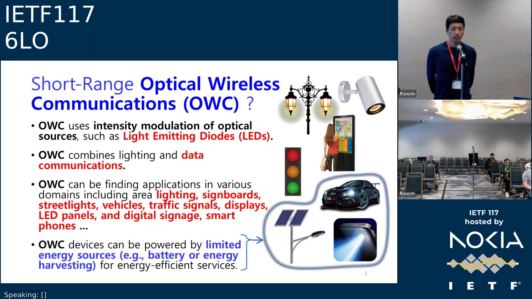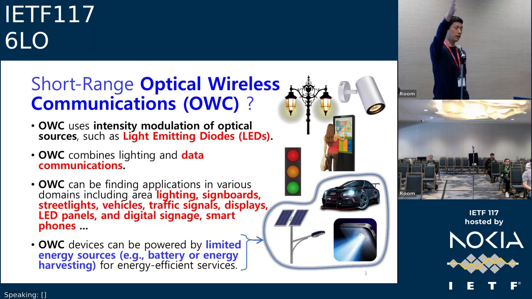It just uses the intensity modulation of an optical source, such as an LED. The OWC provides data communication along with lighting, and OWC can be found everywhere, with applications in various domains.